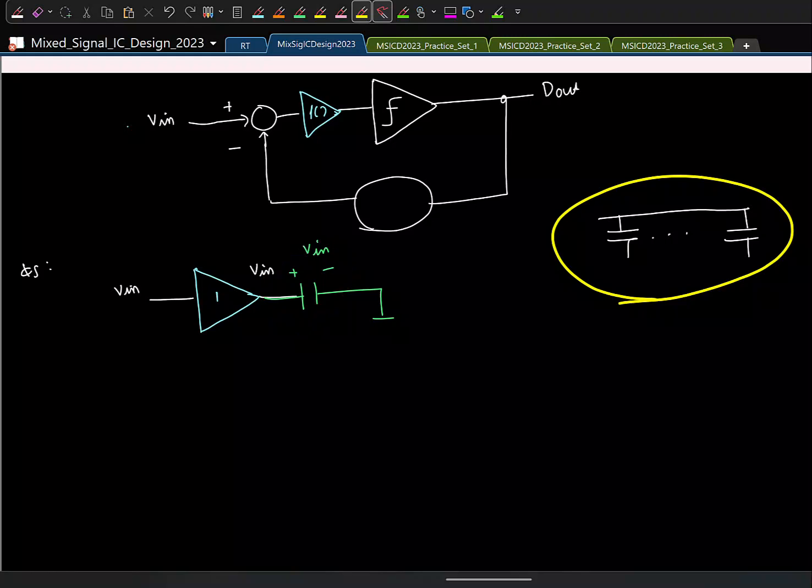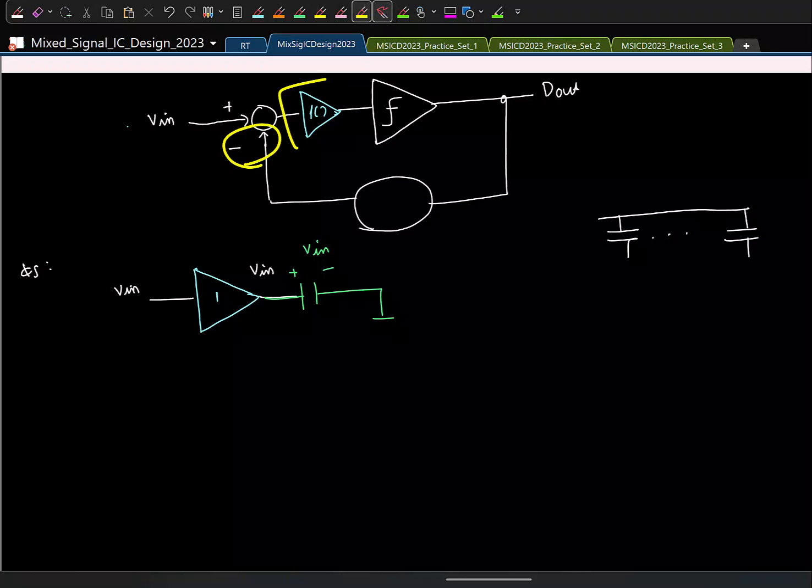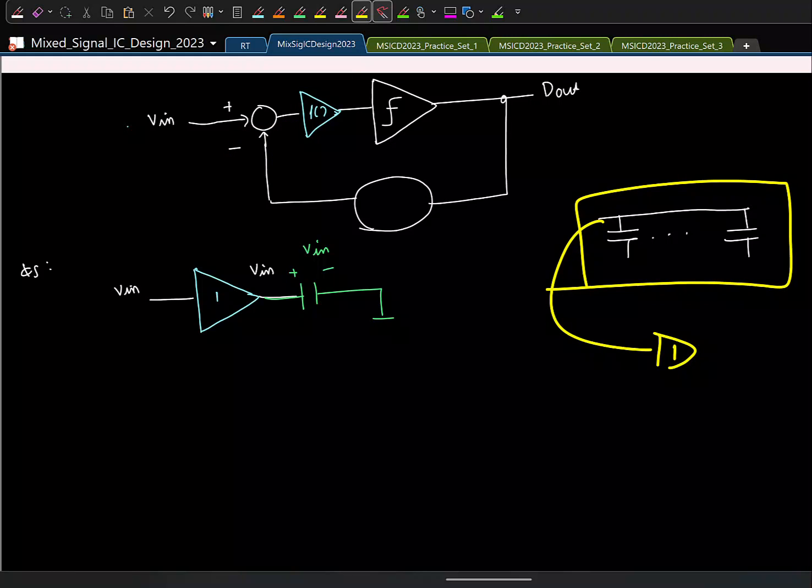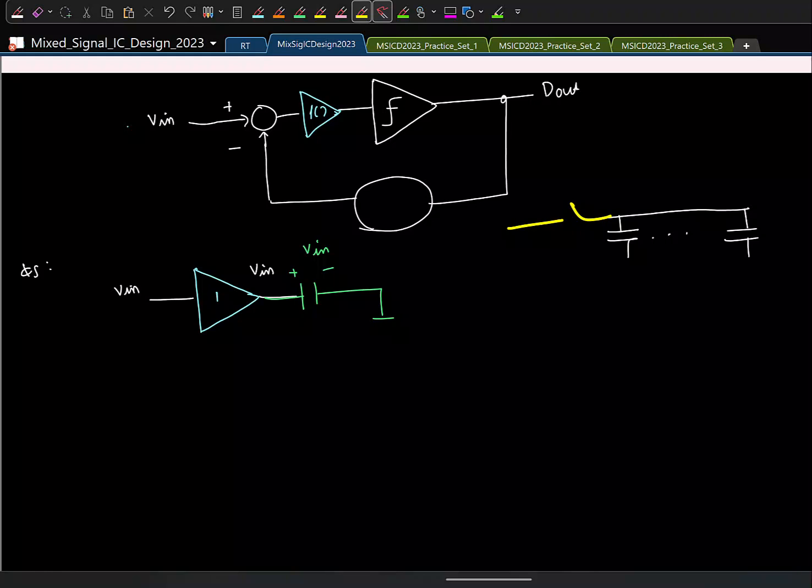Is that okay? Because here you see the reference voltage also has to be buffered, right? Yes. So using a capacitive array like this, I can generate the reference voltage, which I will buffer. But I cannot sample the input on this, because the input also has to be buffered. The only way to achieve this is to have separate capacitors for storing the input and for storing the reference, right?